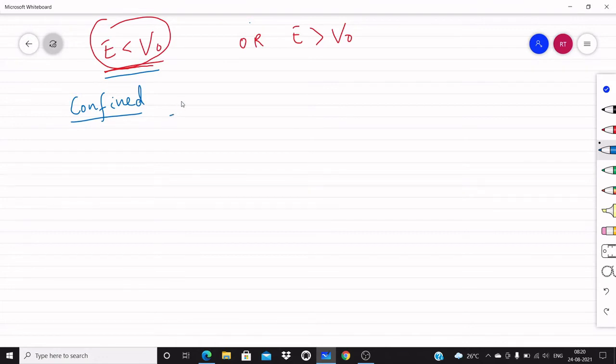So we can say that the particle is confined and it is a bound state problem. Since there is a chance for the particle to be in the region, we can say that it is a bound state problem.